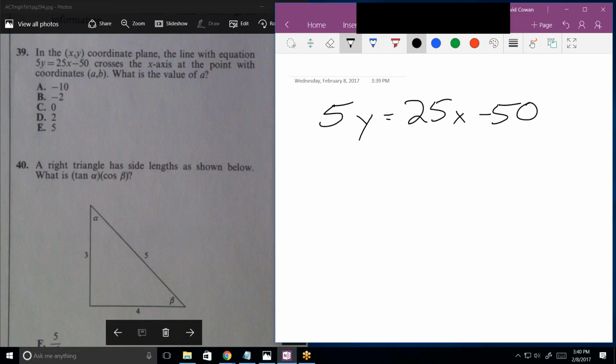The value of b would be 0? Yeah. The fact that it's crossing the x-axis means the y-coordinate has to be 0 by definition. So they're basically asking, what's the x-coordinate? That's kind of easy. 25x minus 50 equals 0, so 25x equals 50, x equals 2? Yep.